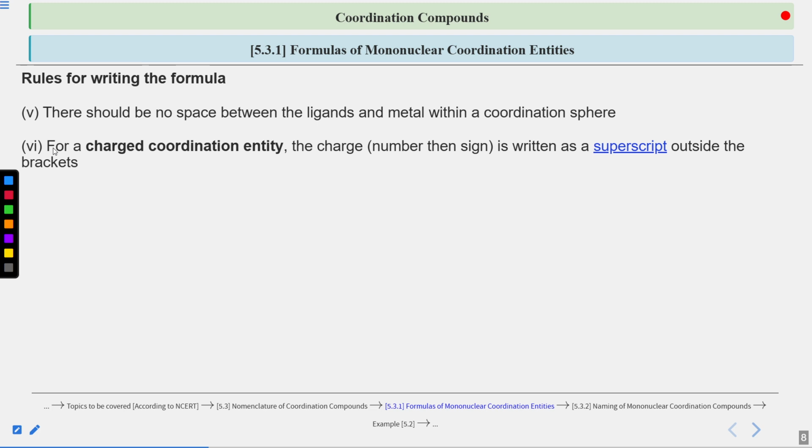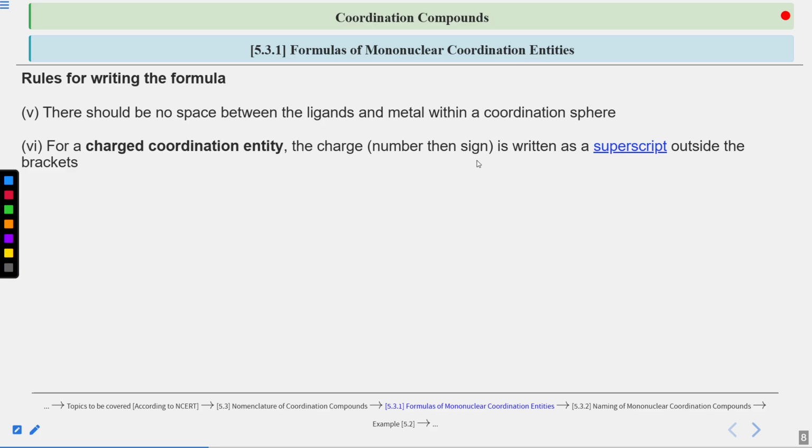The sixth rule says that for a charged coordination entity, the charge, the number then sign, is written as a superscript outside the bracket. So if any coordination entity is charged, that charge is written as the number then the sign.